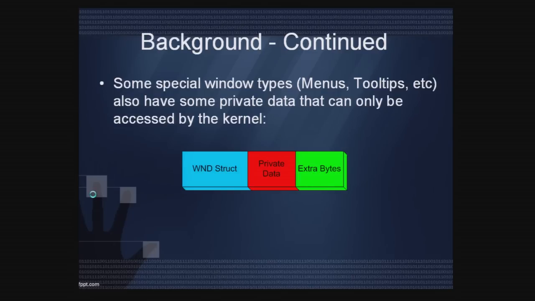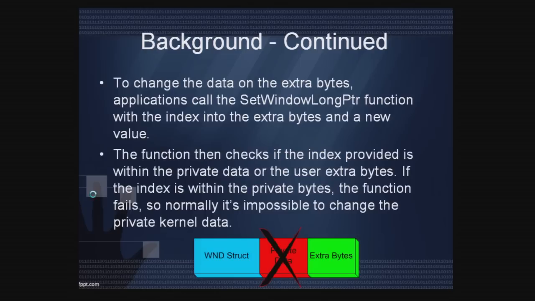Some special windows like menus and tooltips use those extra bytes to store private data. They do it in the kernel, so it's all kernel stuff that's stored in those private bytes.